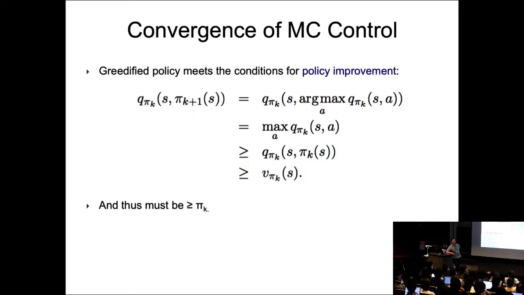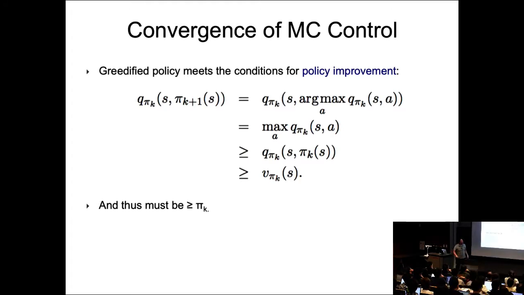And this is just a little two-line proof, basically saying that this greedified policy meets the conditions of policy improvement. What is pi k plus 1? It's argmax over Q, right? Which is the same as taking the maximum over actions of the Q function according to policy pi k.